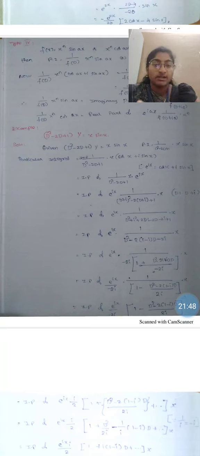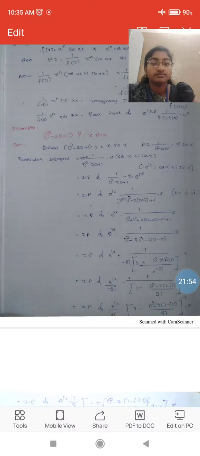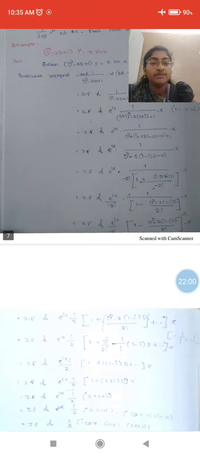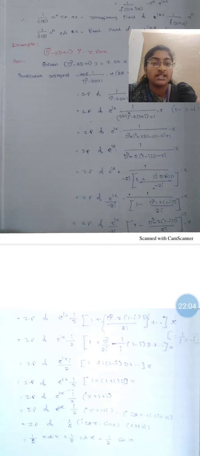So your d square becomes (d plus i) the whole square minus 2 into (d plus i) plus 1, into x. Simplifying, we get 1 divided by d square minus 2 of (1 minus i) into d minus 2i. Take minus 2i as common, so you get 1 plus the second term.